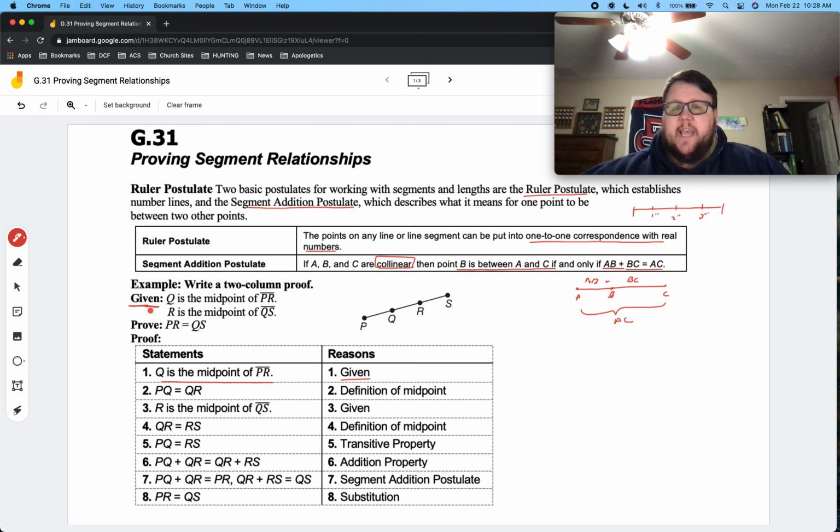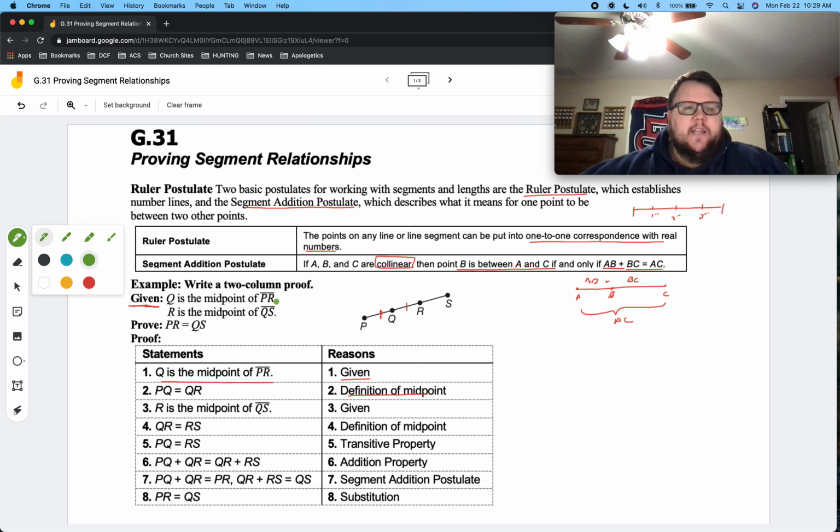We just write it down. The definition of a midpoint is that PQ equals QR. So we can say PQ equals QR, the distance of each, because of the definition of midpoint.